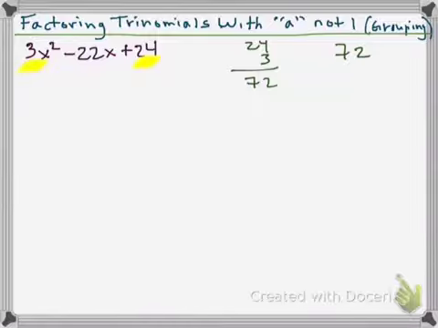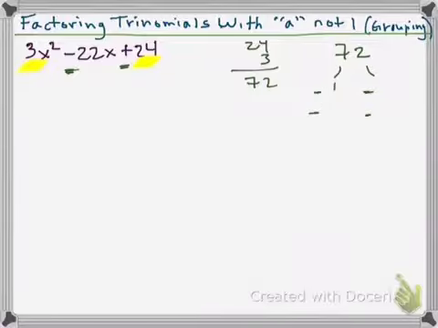And I know that the signs, because I have negative and then positive, have to be negative and negative inside my binomial parentheses. And so I'm actually going to be looking at factors that are both negative.